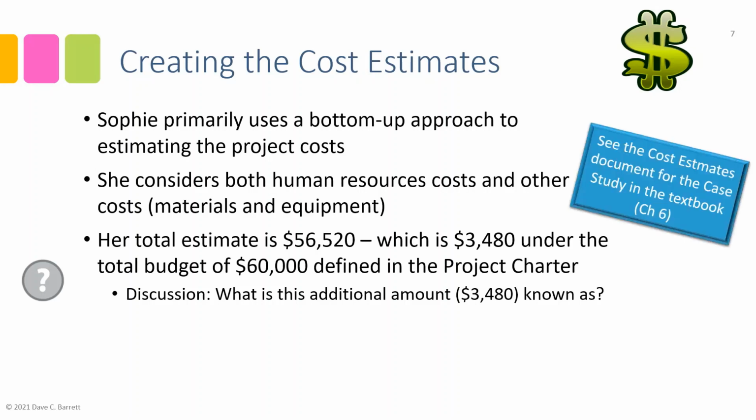Now, what I suggest here is to check Chapter 6 to see the cost estimates that were performed. They're on page 90 and 91. You can see that it's very detailed, that there's lots of costs that Sophie is considering. And you could see that in the video.